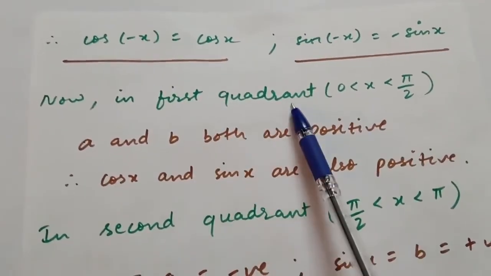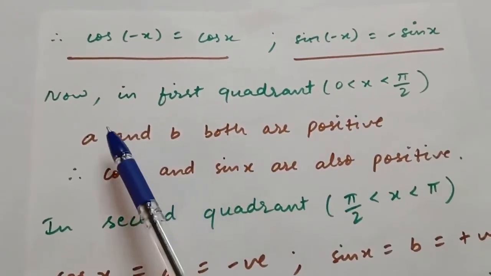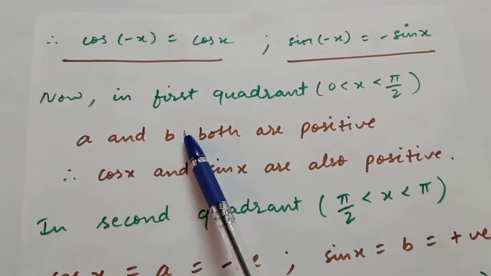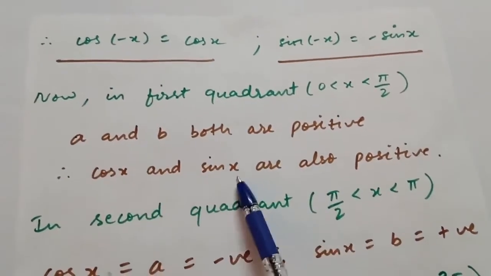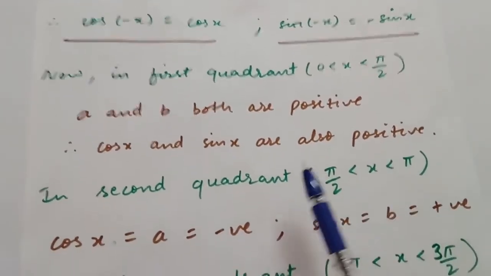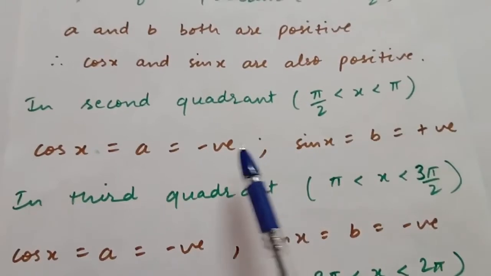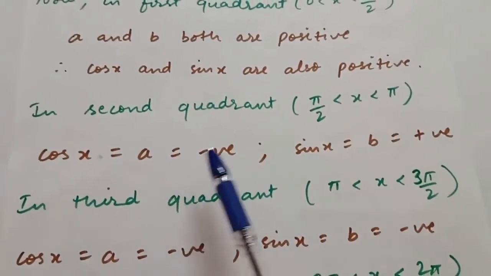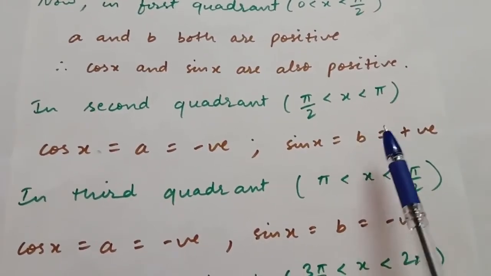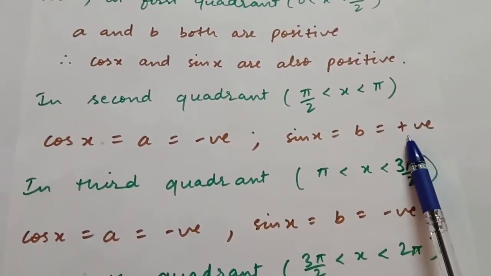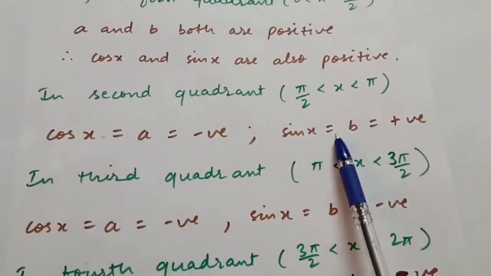Now see, in the first quadrant, A and B both are positive because cos x is A, sin x is B. In first quadrant, A and B both are positive, therefore cos and sin are also positive. In second quadrant, that is from pi by 2 to pi, cos x is A and A will be negative in second quadrant, and sin x is B and B will be positive. So in second quadrant, cos x is negative, sin x is positive.